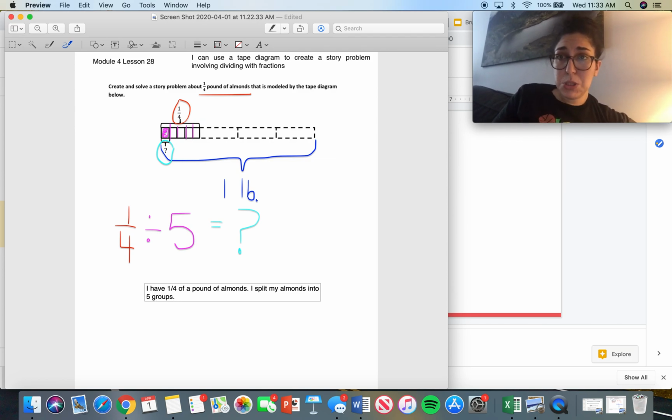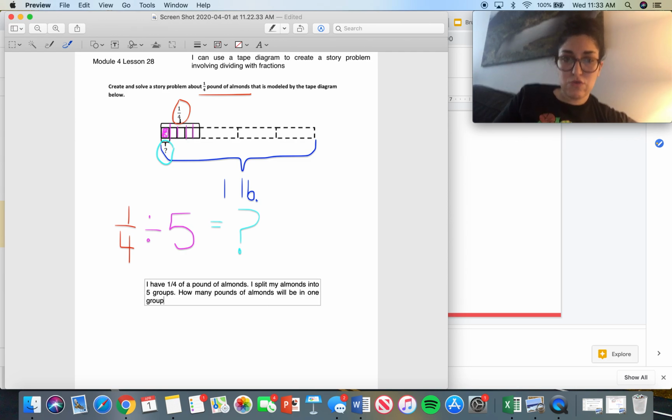And then what's the question? How much, remember, look at this question mark, how much is this piece? So how many pounds of almonds will be in one group, right? One group out of these 5.